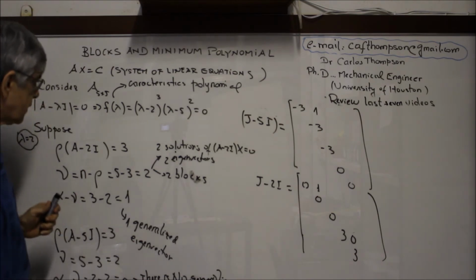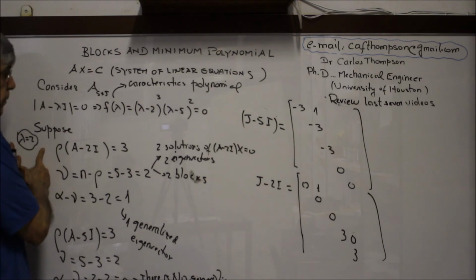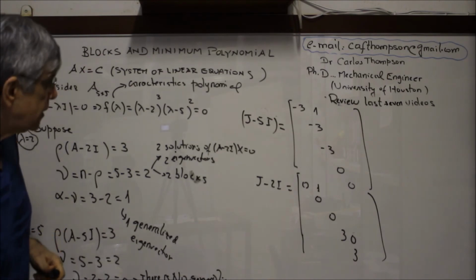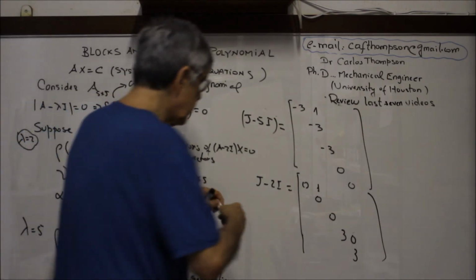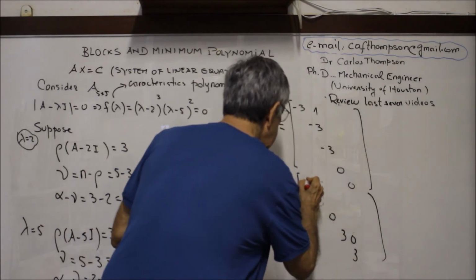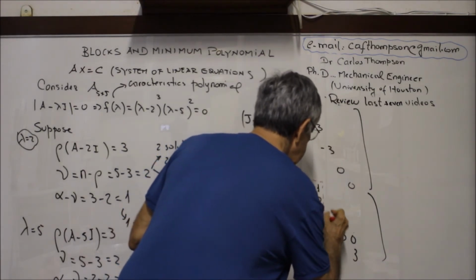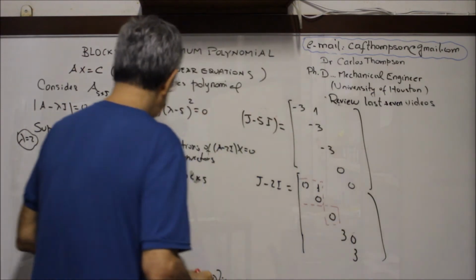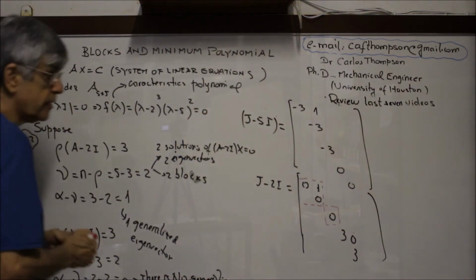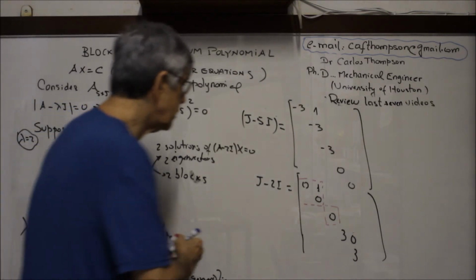How many blocks do I have for lambda equal to 2? I have 2 blocks. Let's see these 2 blocks here: this is one block, and this is another block. How many blocks do I have for lambda equal to 5? Let's change the color.